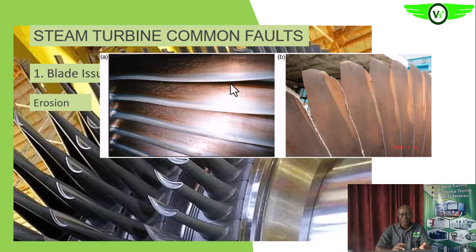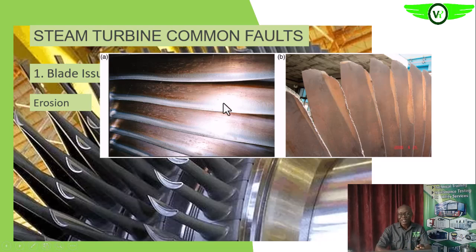Erosion is caused maybe if you have condensates, that is droplets of water in the steam, that is the steam is not dry enough. Since it is coming with that high velocity, on impinging on the surface of the blade, it has the capability of eroding the blade surfaces.